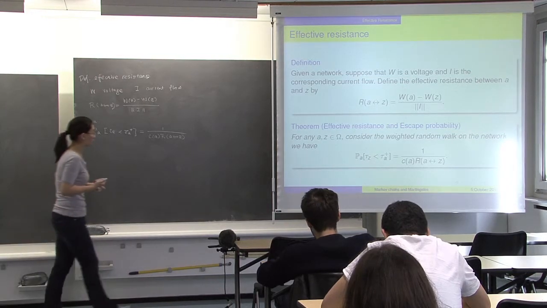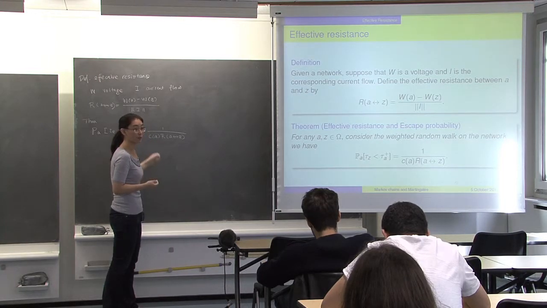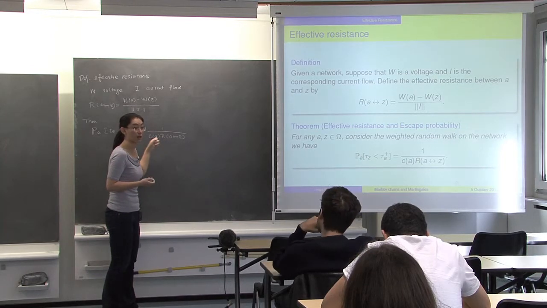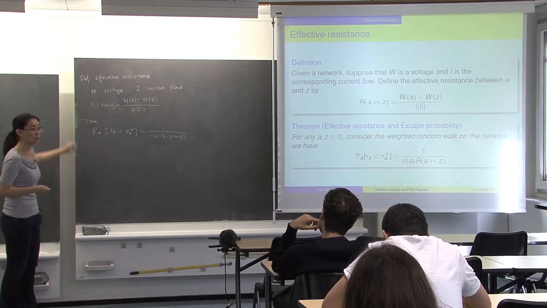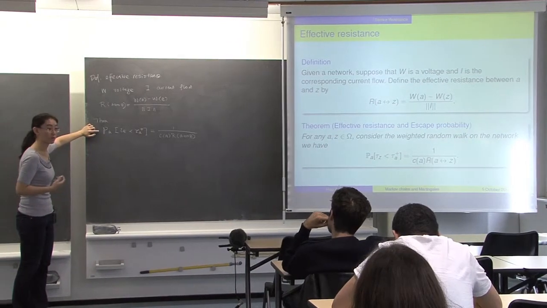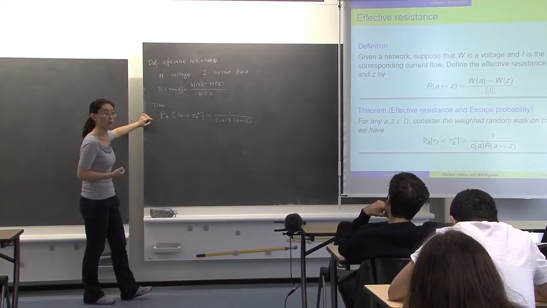And another remark is, for the network, if we do some operation to the network, then we will increase or decrease this effective resistance. And from the relation, we know that the escape probability also increases or decreases in the reverse way as the effective resistance when we do the operation to the network.